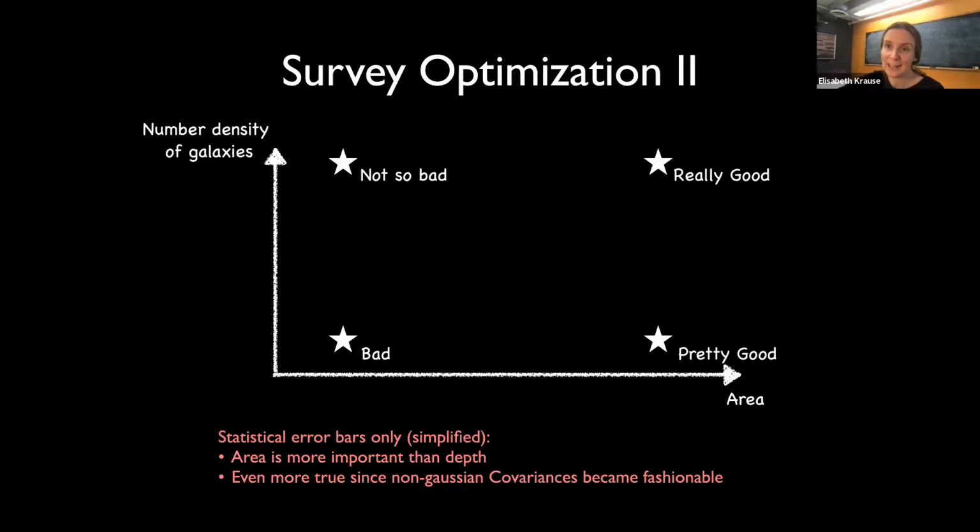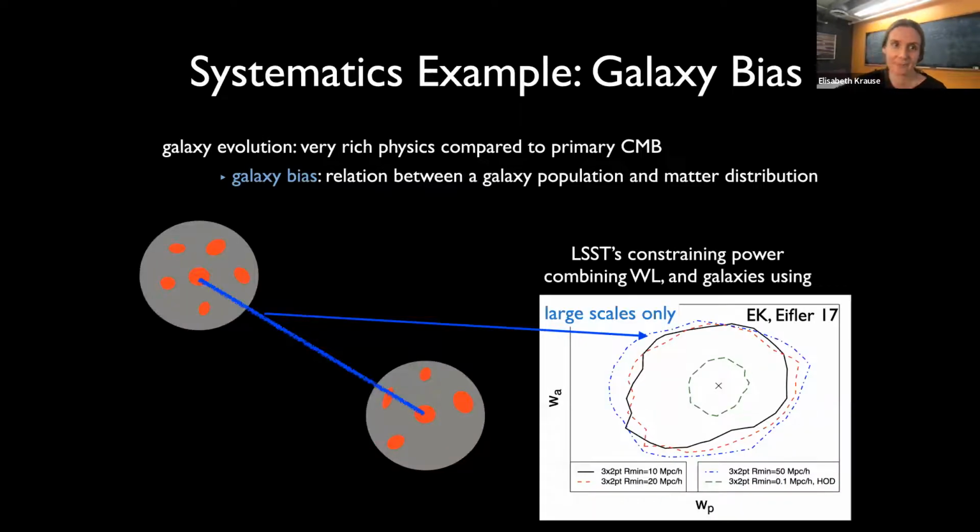Let me give you one example of how important this is, namely galaxy bias. That's the relation between a galaxy population and the matter distribution. If initially we think that we can only model the large-scale distribution of halos hosting these galaxies, then we arrive at constraints illustrated by the black, red, and blue contours here for an LSST weak lensing plus clustering analysis.